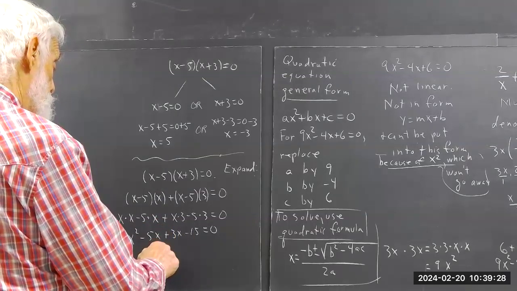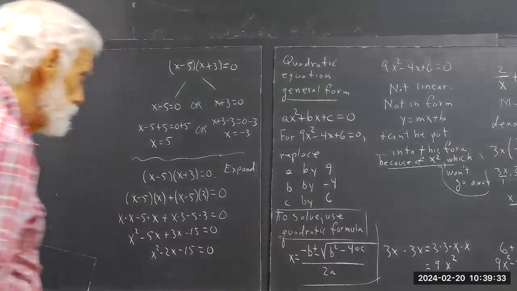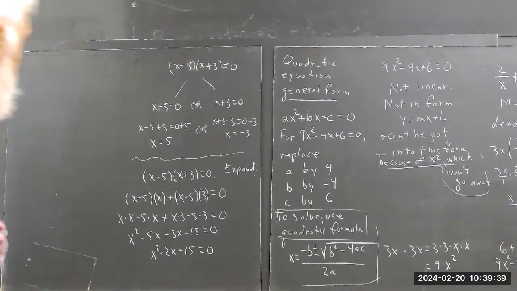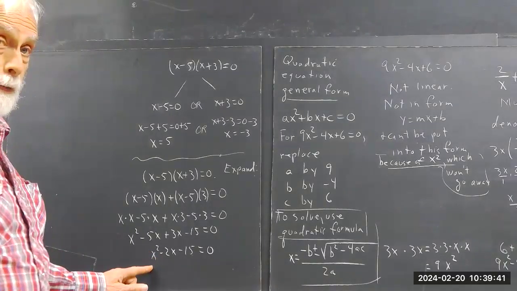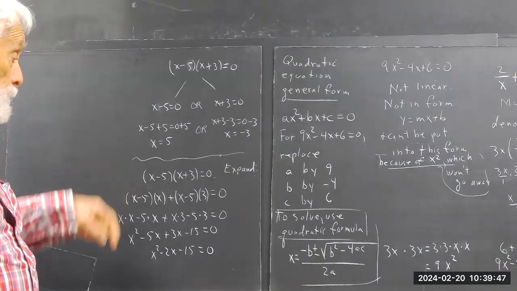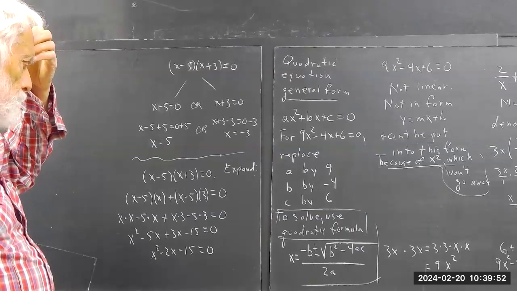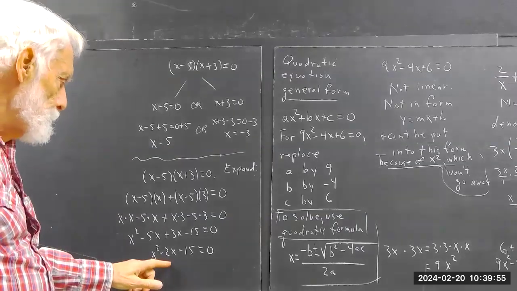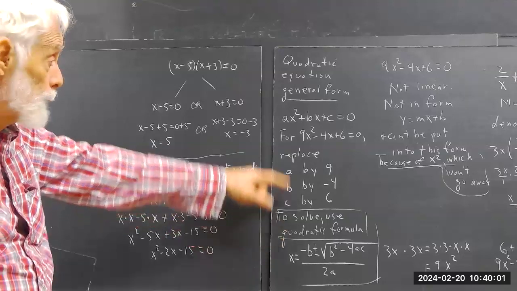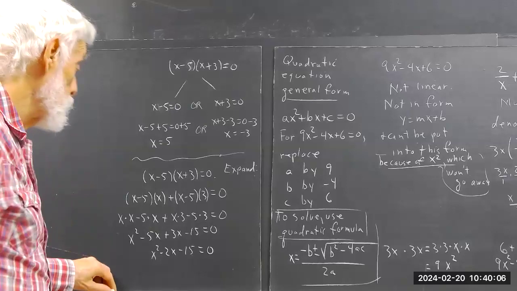We get x squared minus 2x minus 15 equals 0. Okay, well now, this equation is completely equivalent to this equation, if I've done it correctly. Take this equation and use the quadratic formula on it. Identify A, B, and C, and plug in the quadratic formula to see what you get.